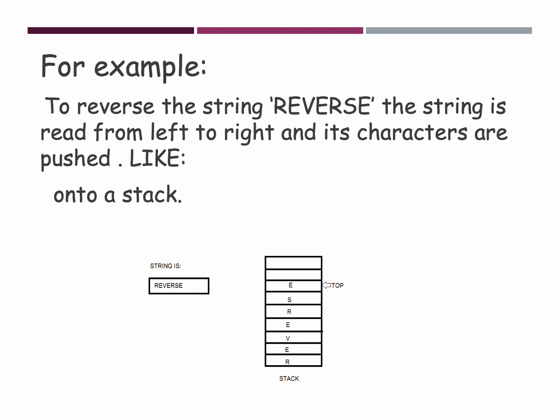This example clearly demonstrates how a stack can be used in practical text manipulation tasks. Reversing strings is a fundamental task in many text-based algorithms, such as parsing data, reversing words in a sentence, or even validating palindromes.